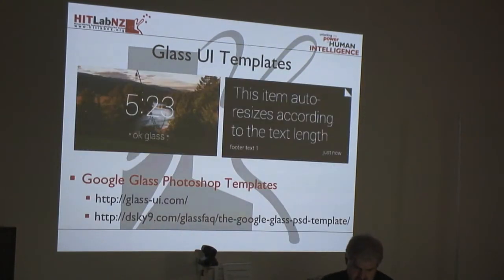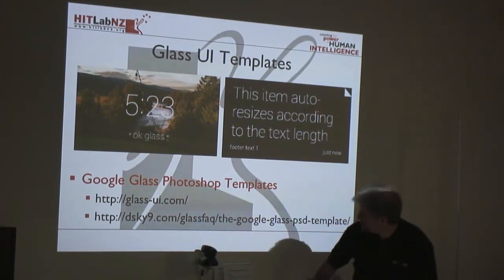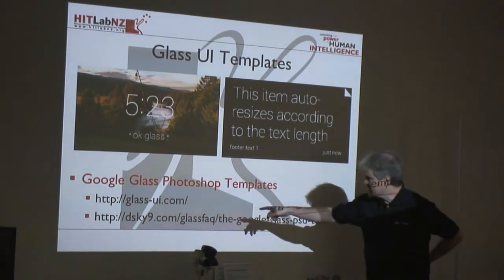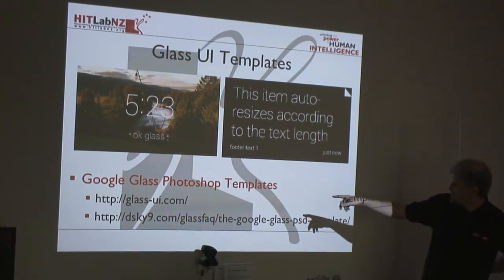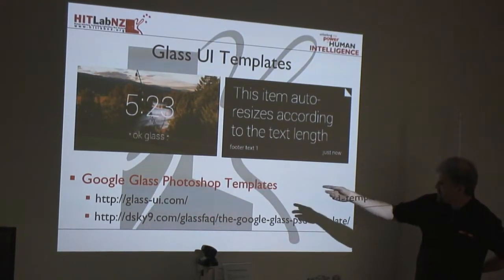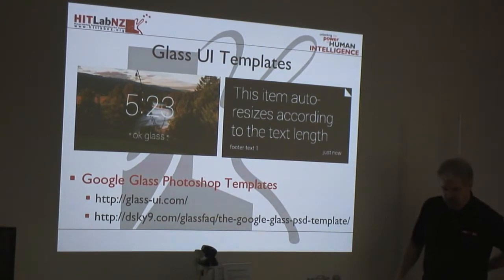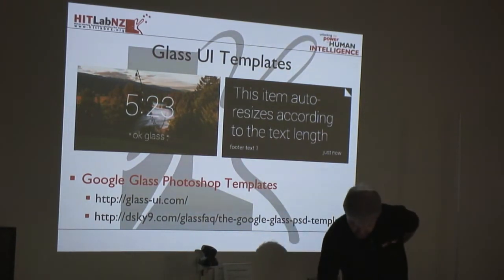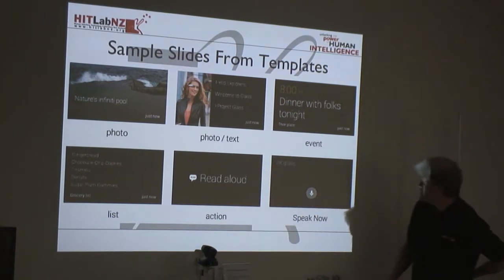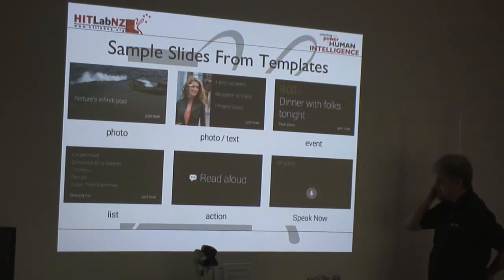Okay, so that's one simple tool you can use. Another one is by using Glass user interface templates. So here's a couple of websites that will allow you to download Photoshop templates. When you download a template, you can load it into Photoshop, and then you can enter text and images very easily. For example, here are some of the types of slides that you can build with the Photoshop templates.